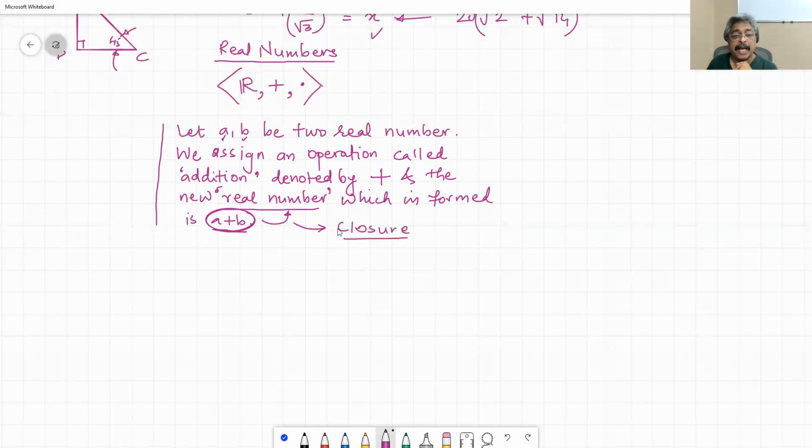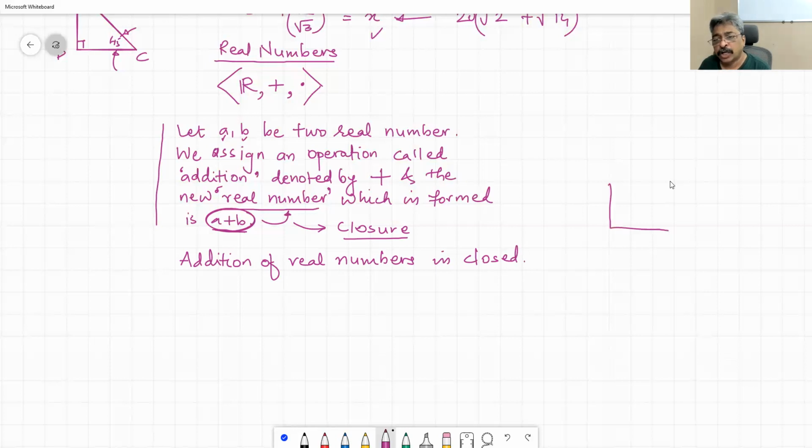Closure property. Addition of real numbers is closed. Meaning, suppose in a box or in a container you have two real numbers, then the container is closed. You are creating a new real number called A plus B in the container.